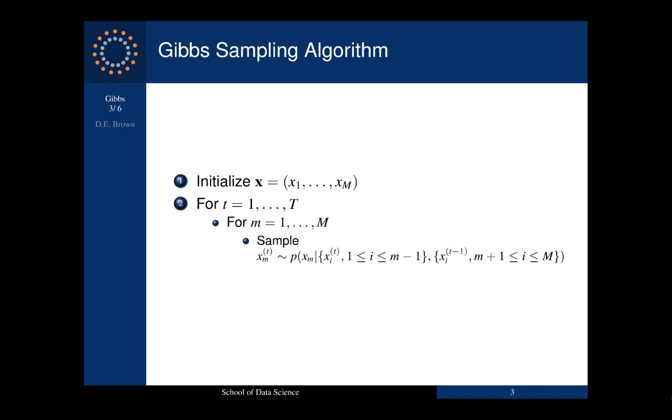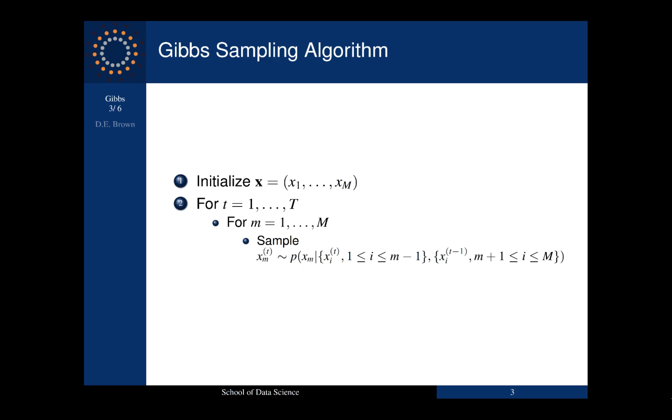So we're at this particular point, and we're looking at xm, and that means that we're sampling from xm conditioned on all the other points, x1 through x m minus 1, and x m plus 1 through x capital M, so all those other dimensions. But notice that the ones x1 through x m minus 1 we've already sampled during this iteration, so they have the same iteration count t, whereas the ones beyond m, m plus 1 through capital M, we haven't yet sampled.